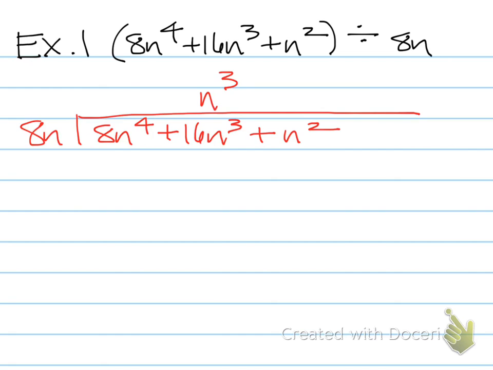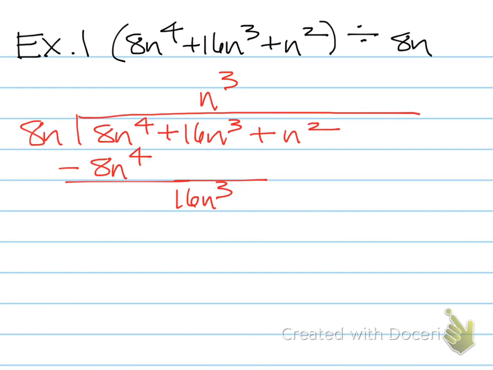What I need to multiply 8n by to get 8n to the 4th power is n cubed. I should write that above the next term in the dividend. I'm going to multiply that n cubed by everything in the divisor. N cubed times 8n is 8n to the 4th power.